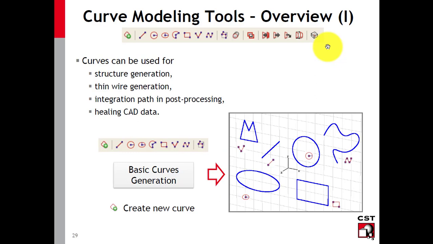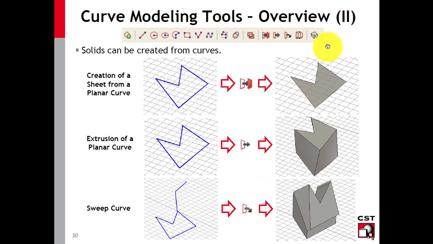And finally, we have the curve modeling tools to build 2D shapes, like create a circle or create a rectangle or a line, or maybe I want to write an equation, and from the equation I can get the shape. After getting the shape, I can extrude this shape to be a 2D shape or 3D shape.